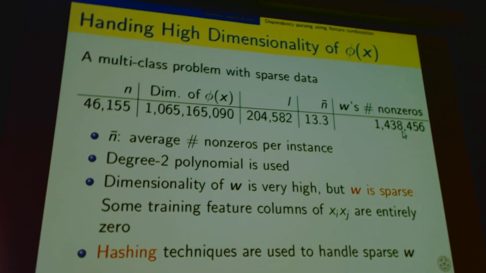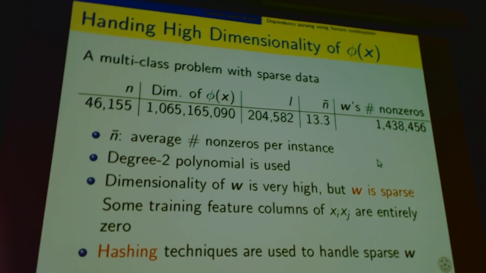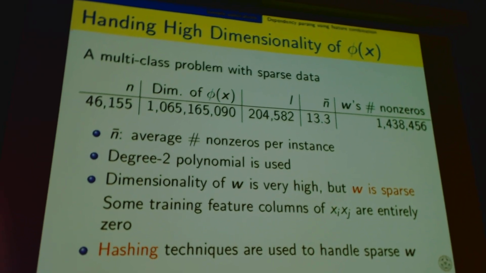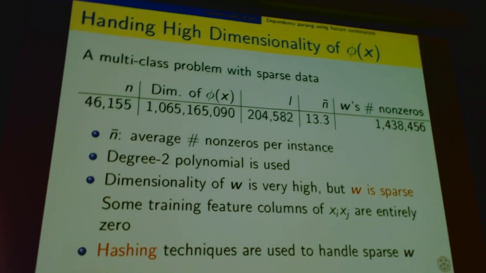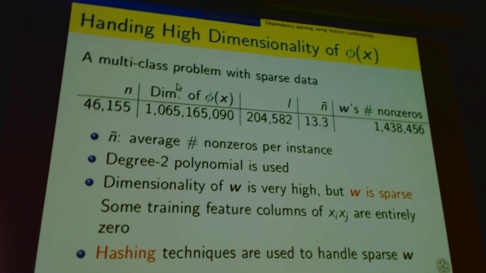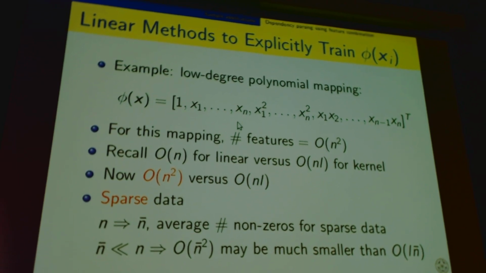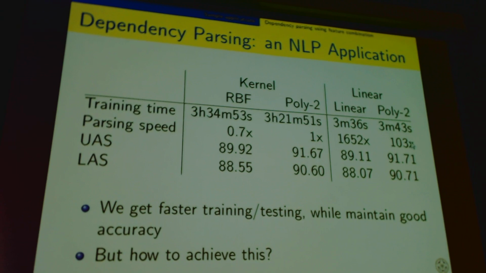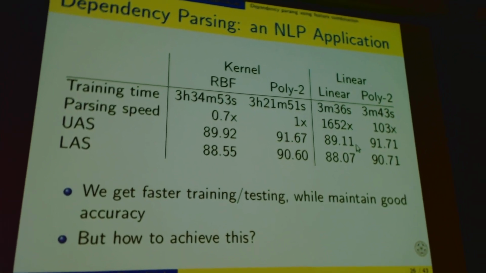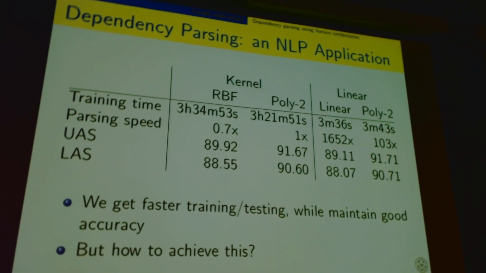So essentially, we have a problem of so many features, but we can do the training. Of course, how to handle such things, you also need some techniques. But this is an example that, because this problem is so sparse, we can do this kind of low degree polynomial mapping and train a linear classifier, and we can achieve better results: a faster training time and a faster testing speed, but also the same accuracy as by using kernel.